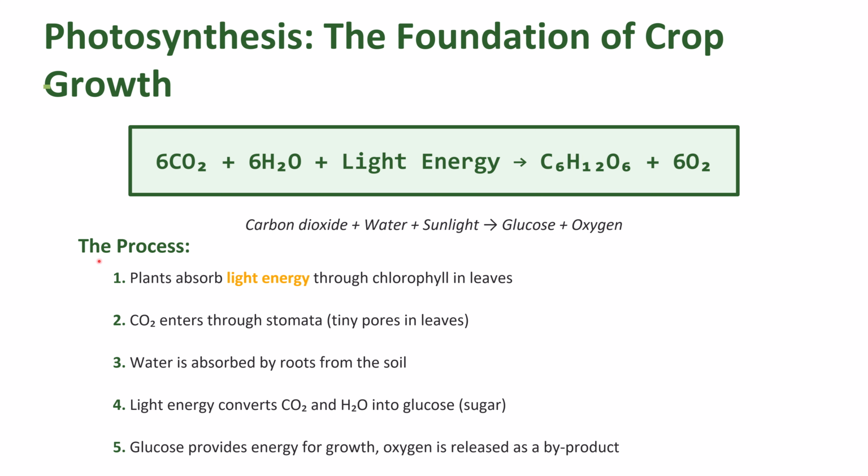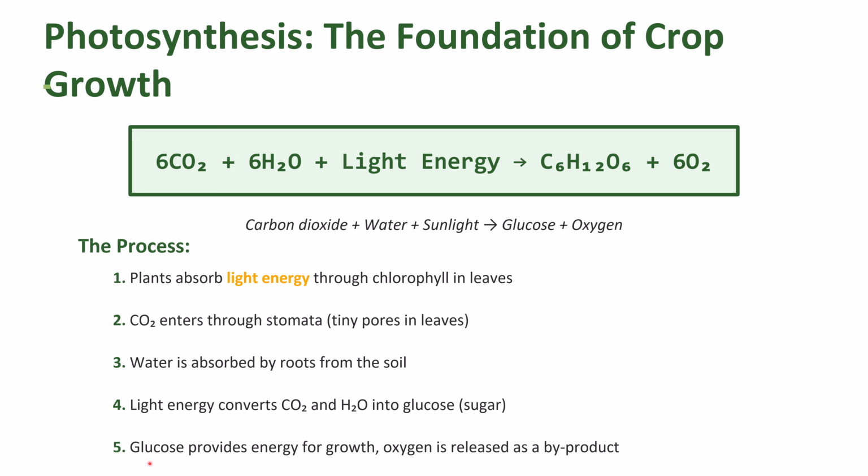Here is the process. First, light capture. Chlorophyll in the leaves acts like a solar panel to grab light energy. Second, gas exchange. Carbon dioxide enters the leaf through tiny holes called stomata. Third, water intake. Water is absorbed by roots from the soil.